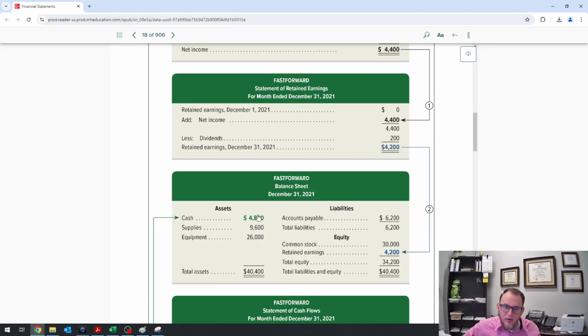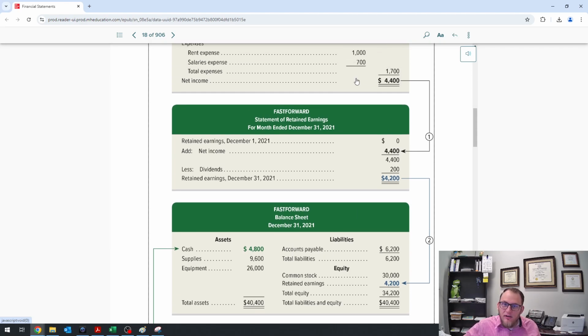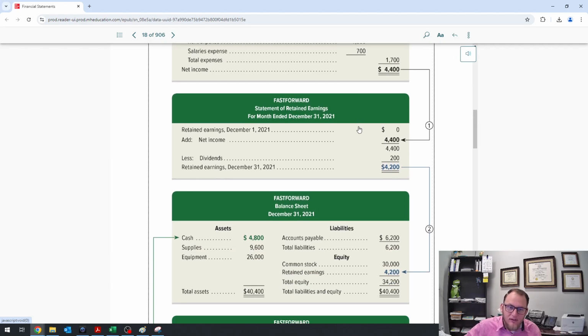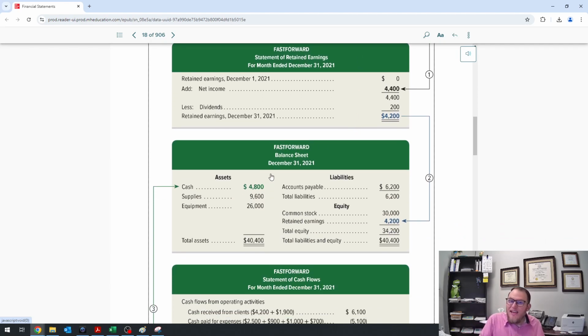So if we go back over here, we have our $9,600 of supplies and our equipment of $26,000. And so again, these financial statements are just reporting our information, the results of our records, to whoever's using these financial statements. And so you can see here, here's where we got our income from. Here's our consulting revenue, here's our rental revenue, here's our expenses, and here's the end cash. Here's how much in supplies we have.